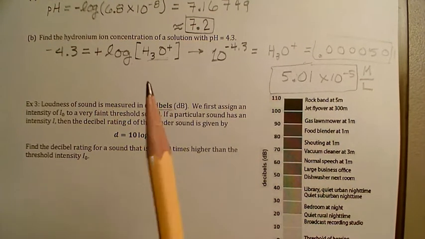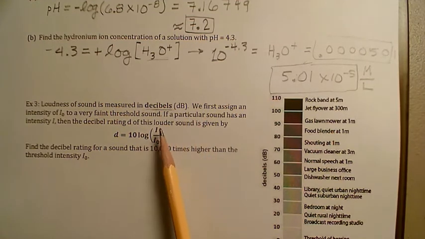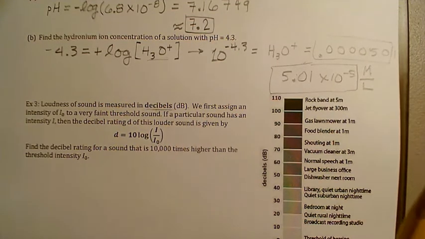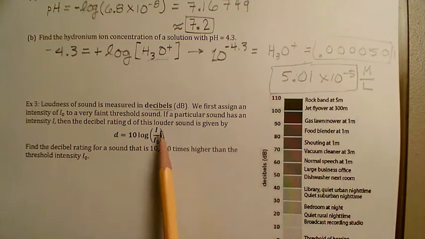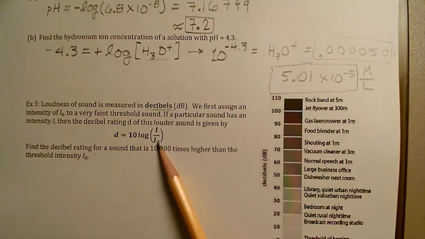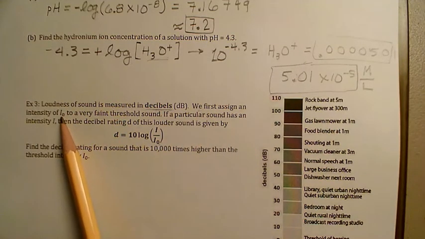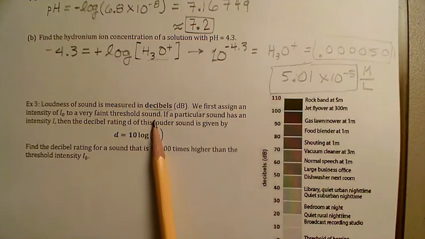Okay, so for decibels, it's a little confusing, but it's the ratio of the intensities of a sound, I, over some threshold, really quiet sound. So we first assign an intensity I sub 0, initial intensity of sound, to a very faint threshold of sound. That would be something you could barely hear.